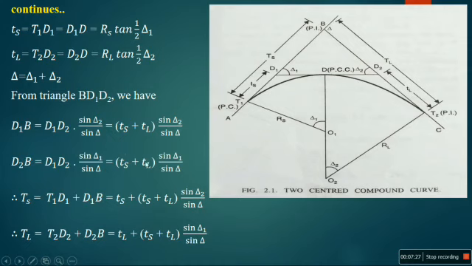Entering the formulas here, we get the TS and TL formulas.